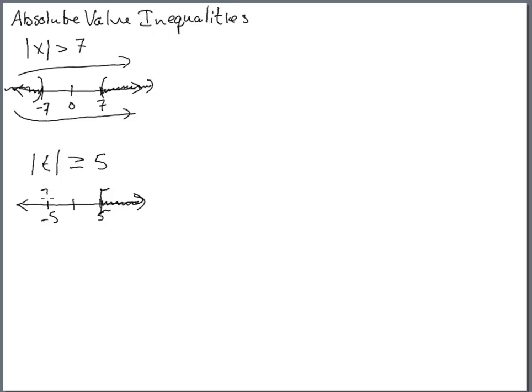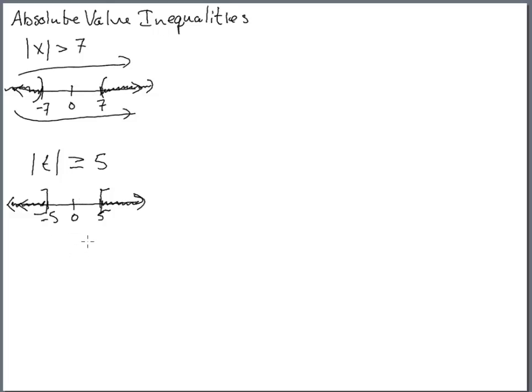But these guys right here, -6, -7, -8, because of this absolute value turning them positive, they will also work and solve the inequality. And so we get, whenever these absolute values are greater than a certain number, remember absolute value came from distance. So this distance being bigger than 5, we're looking at all numbers that are further than 5 away from our 0 right here in the middle.